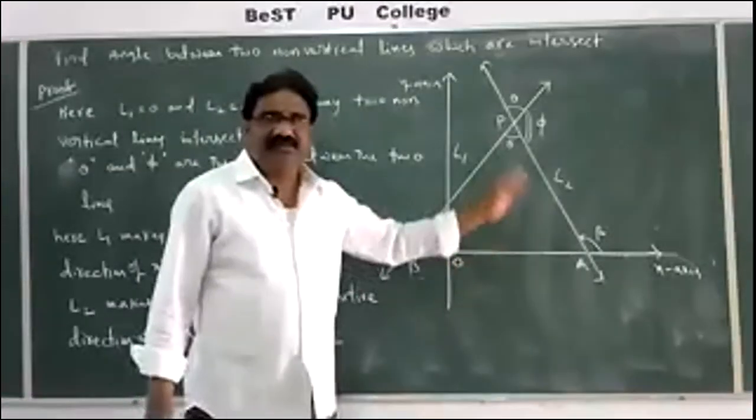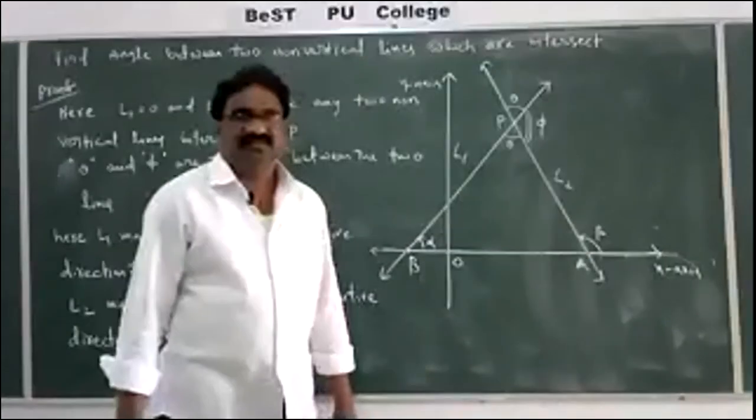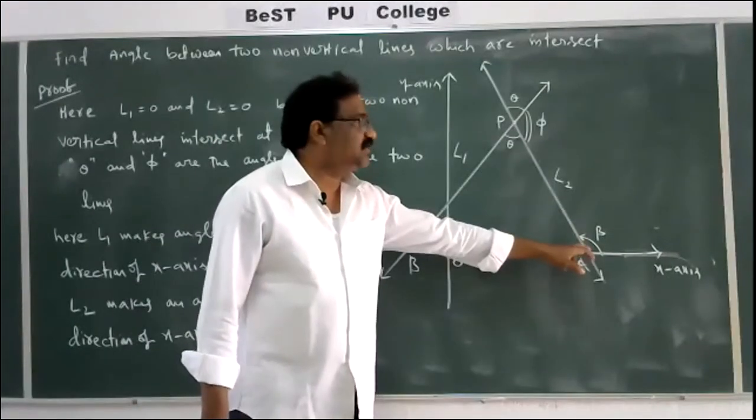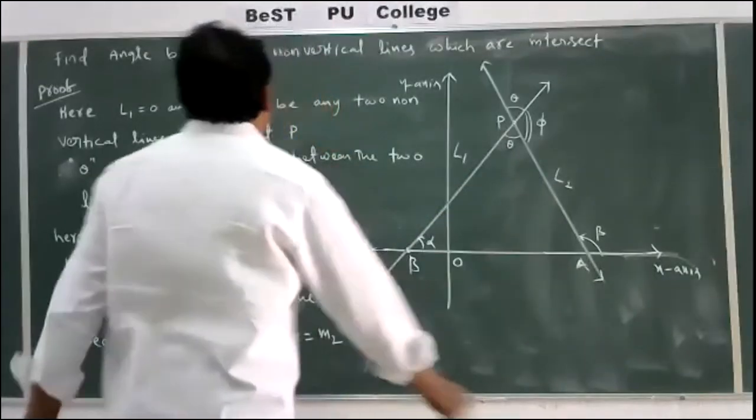Here PAB is a triangle. Observe this figure. Beta is the external angle, so the external angle is equal to the sum of the opposite two interior angles.